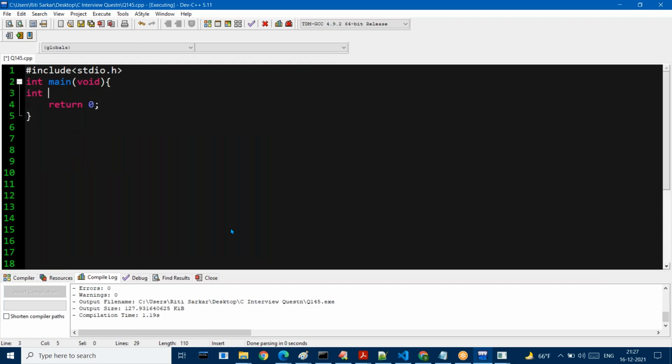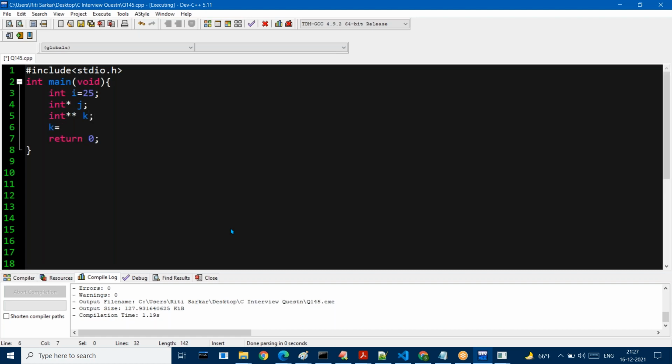Sir, int i is equal to 25. Done. Just draw the diagram. That's it. Int star j. No problem. Wherever I write star, not an issue. I can write it touching j, or even I can touch it with the data type.